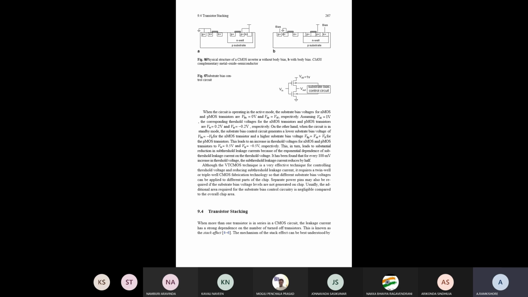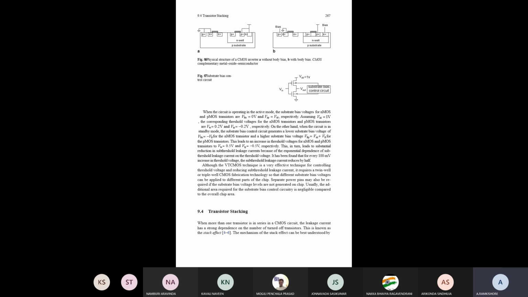By using it, we control the body effect voltages to maintain proper power dissipation of the circuit. That means operating with the substrate bias control circuit definitely minimizes the leakage power of the device.